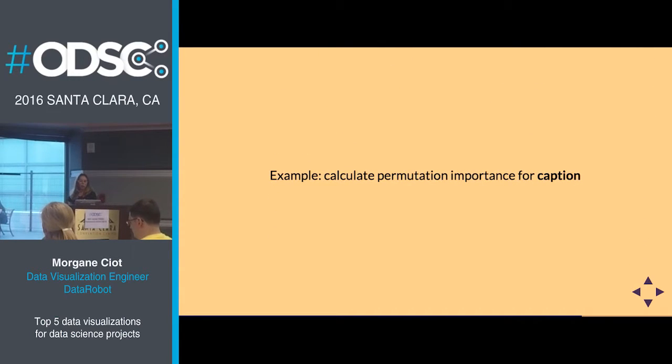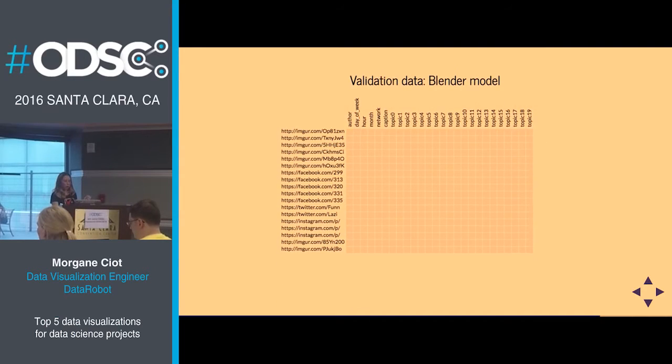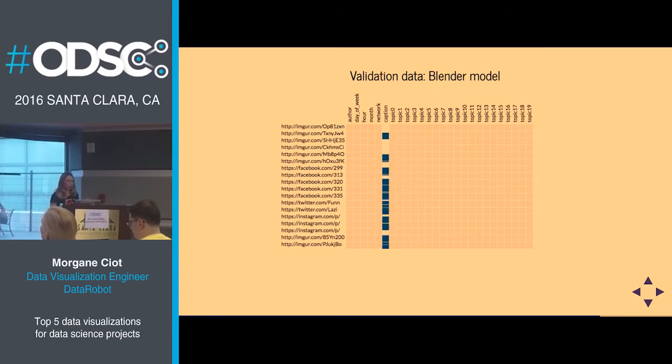I'm going to look at a specific method called permutation importance on our caption variable. As you recall, that's just the text that was extracted from the meme. All we do is shuffle the caption column in our validation data, and then we make a whole new set of predictions on that.